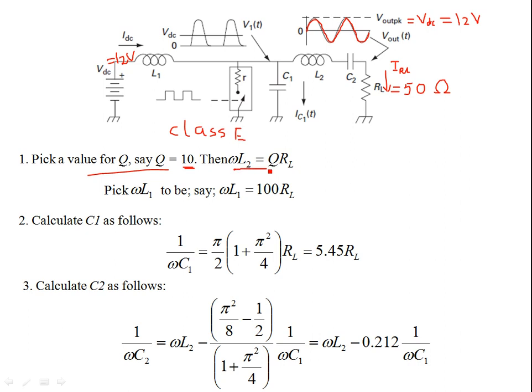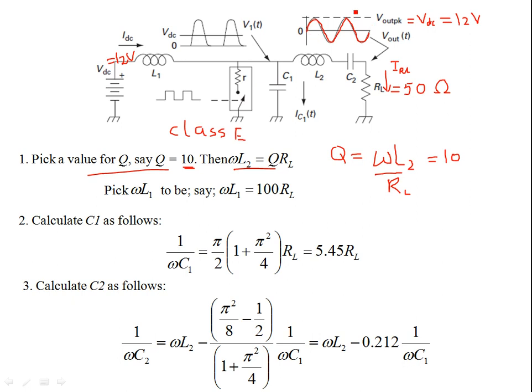So look at this equation for a series RLC circuit. Your Q is omega L2 over RL. So we know what RL is, and we have specified the Q as 10, so this is equal to 10, and omega is 2 pi into 1 megahertz.